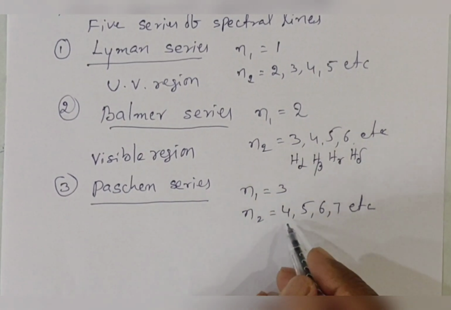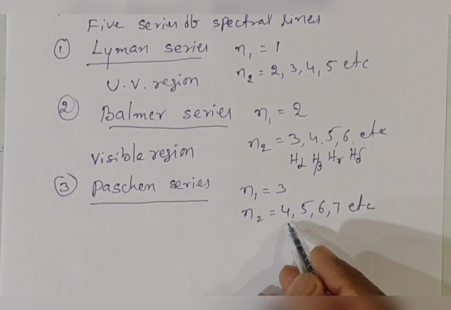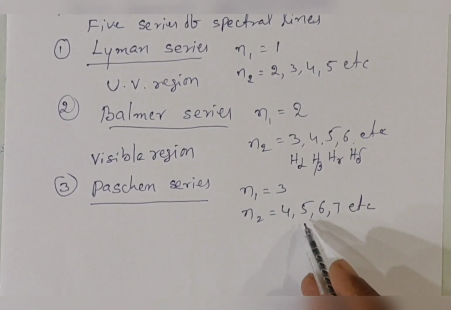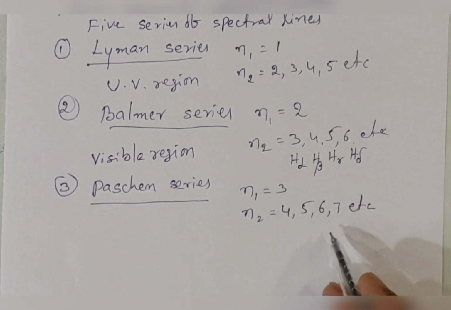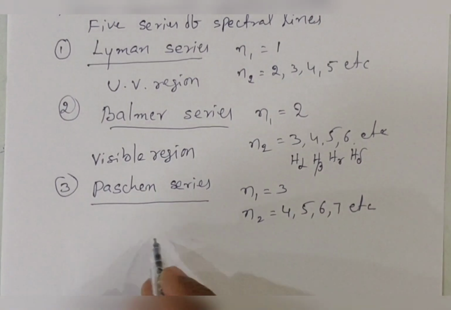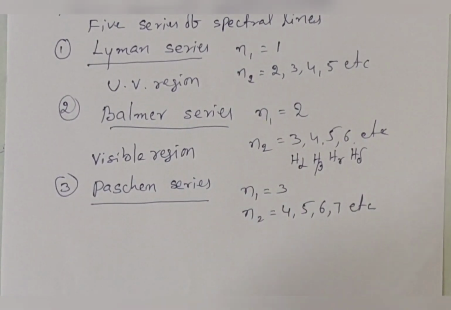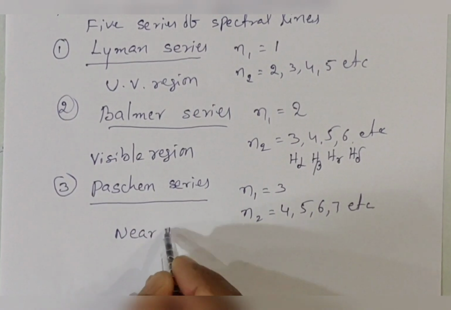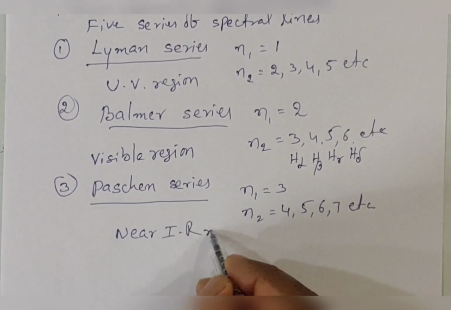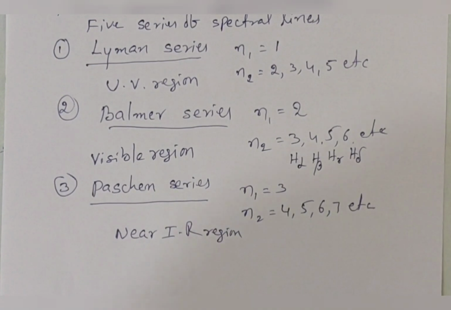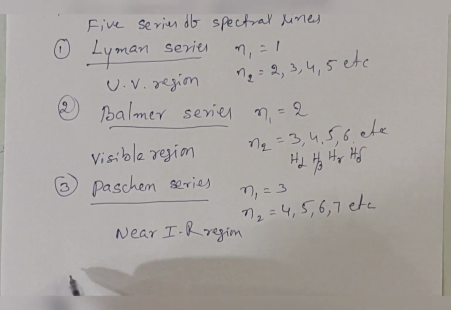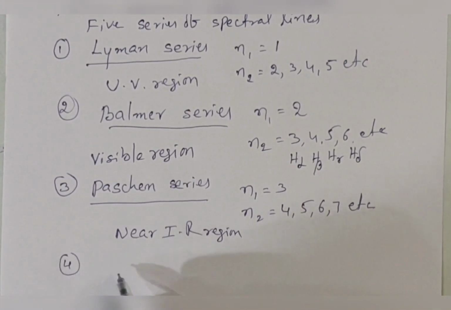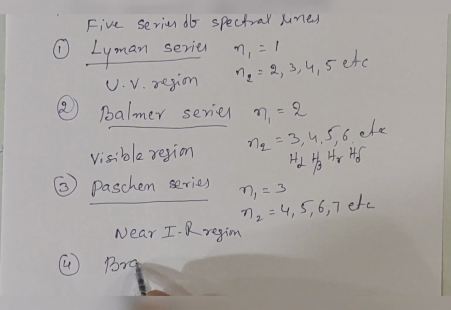Here, N2 equal to 4 means the first line in the Paschen series, 5 the second line, then third line, fourth line, like that. This series appears in the near infrared region.